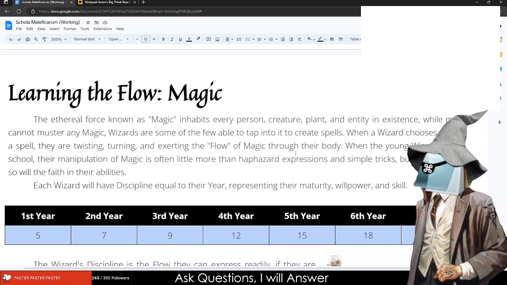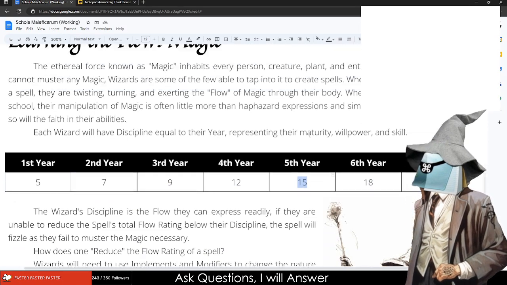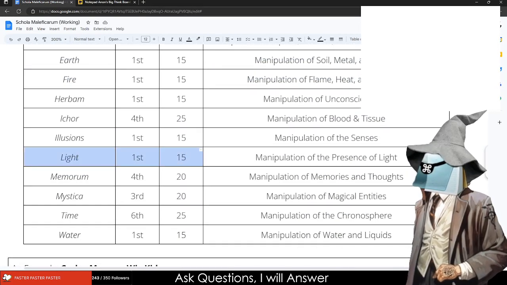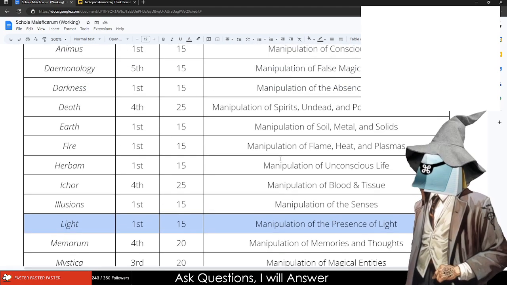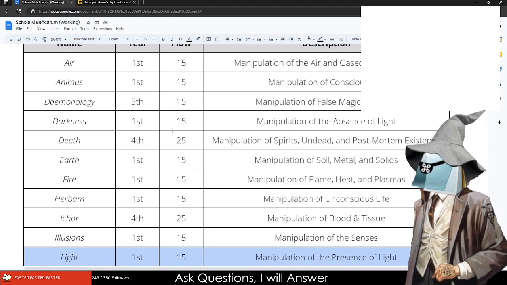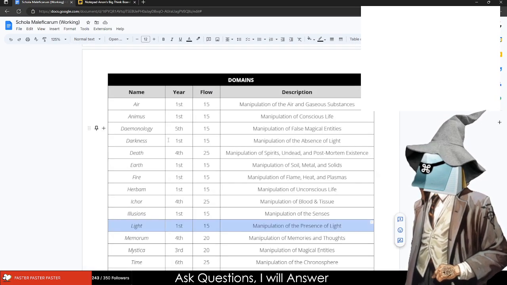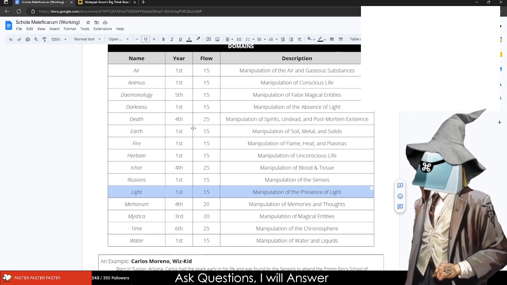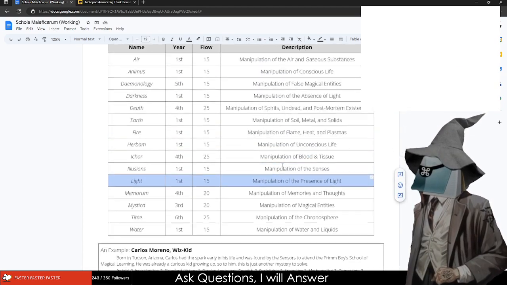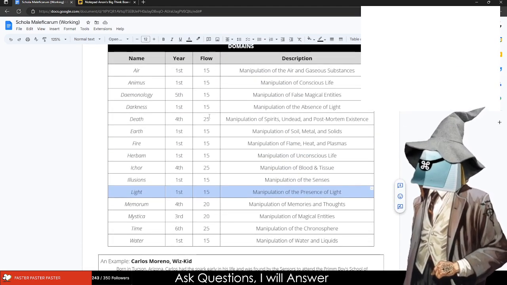That's fine. One of the big ideas is that by 5th year, you're able to cast a lot of these spells pretty unconsciously. They're pretty easy to cast. But the thing is, you're not really going to be wanting to cast those, or you're going to be wanting to cast multiple ones at the same time. I did change the flow cost of these.